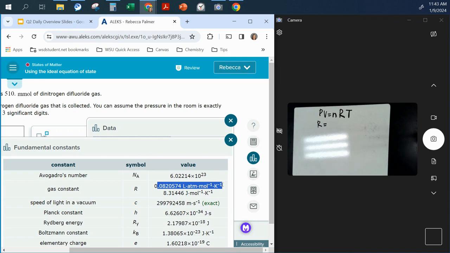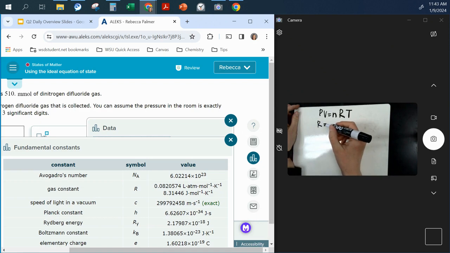Another tip is, if you cannot remember what your units should be for PV equals nRT, you have to have liters, atmospheres, moles, and Kelvin. That's a good way to remember that.